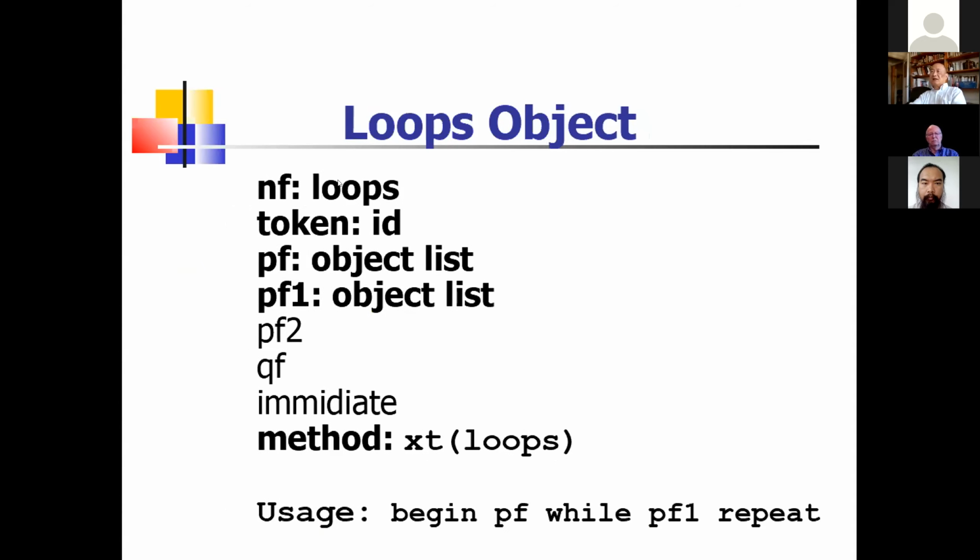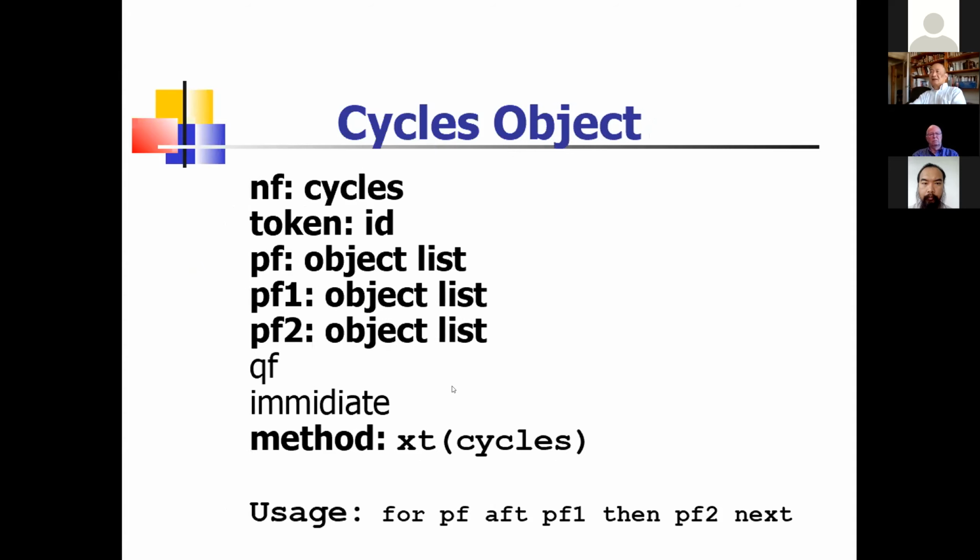And the loops are created by the begin, and then compile the sublists. And the cycles is similar, but it is for the for next loops or for after, then, and the next loops.